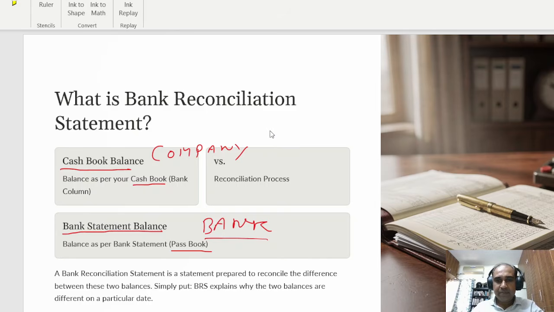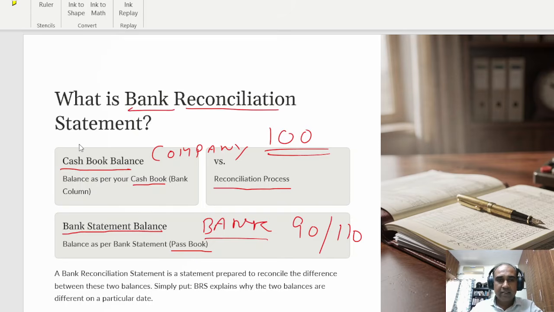So if the balance as per the company's books is 100 and the balance as per the bank is 90, or it can be 110, higher or lower, there is a requirement to reconcile this balance. A reconciliation process is required to understand the reason for differences between 100 and 90 or 100 and 110. That reconciliation statement is called the bank reconciliation statement.